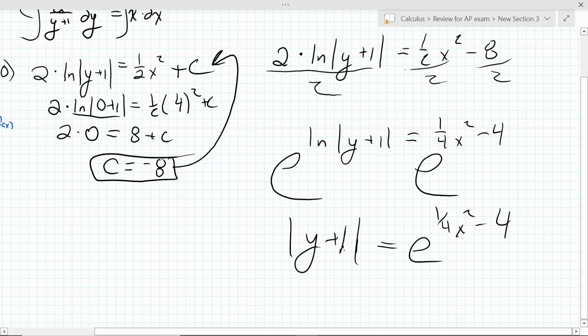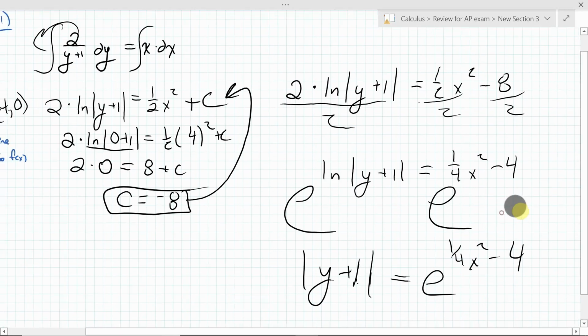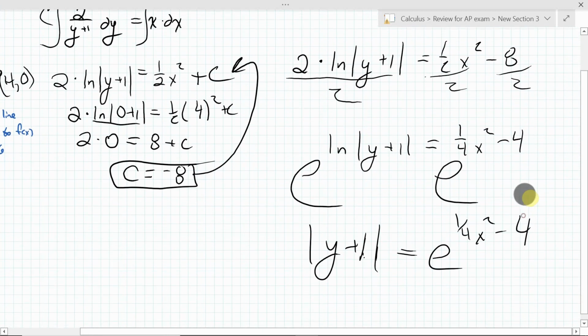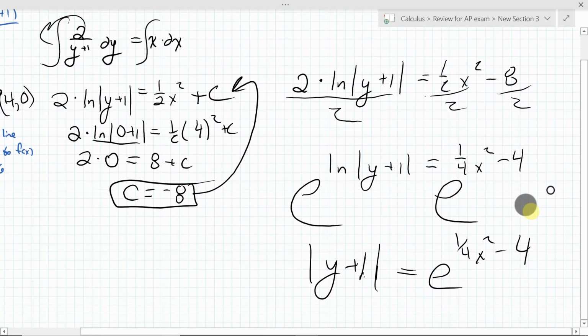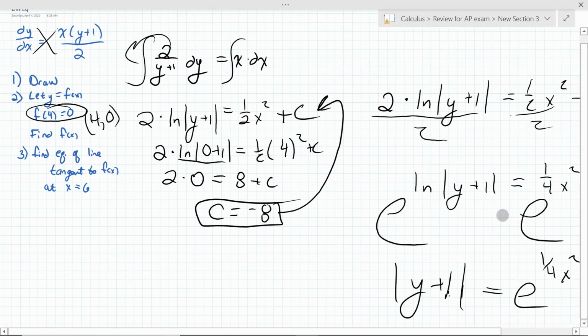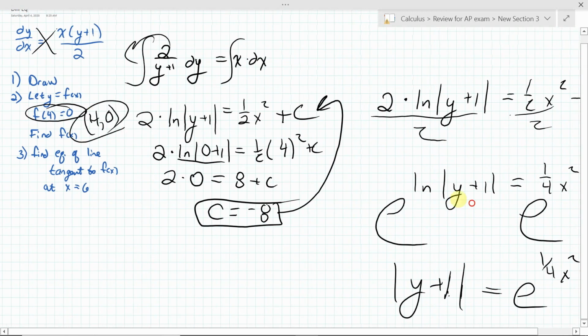And so, do we need the absolute value bars there? So think about that for a second. Do we need them? And hopefully you just said no. If you look over here, think about the point here that we're talking about. We're talking about a point, where did I put it? 4, 0, okay?